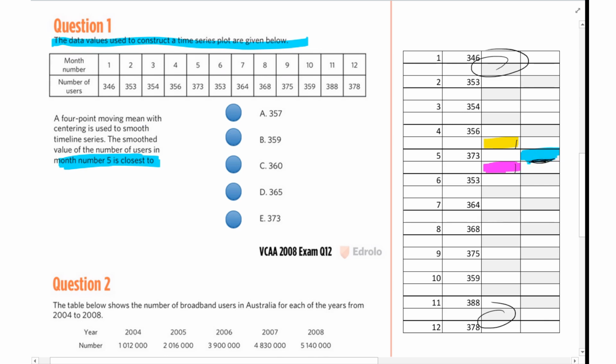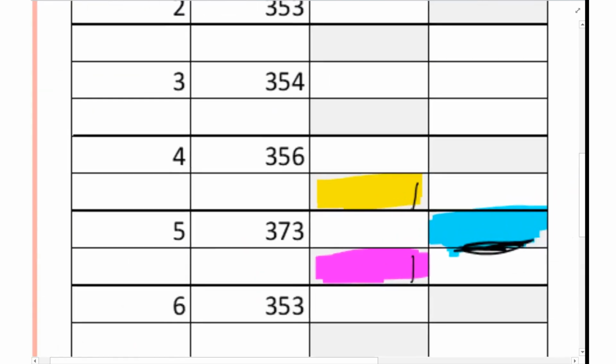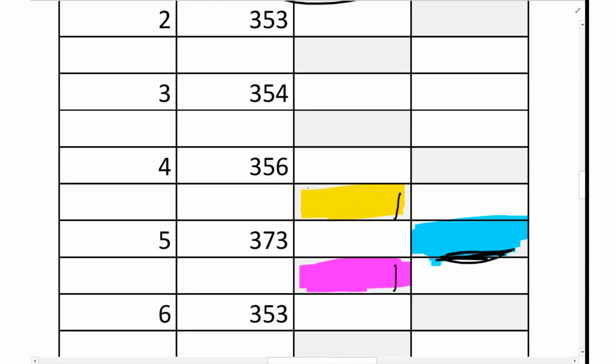So how do I get that? It was said it's a 4-point moving mean. So I'm going to have 354 plus 356 plus 373 plus 353.